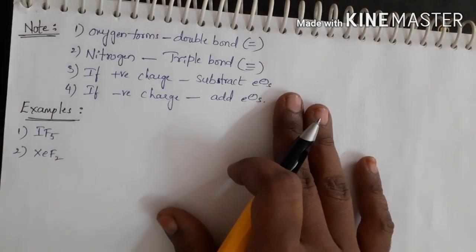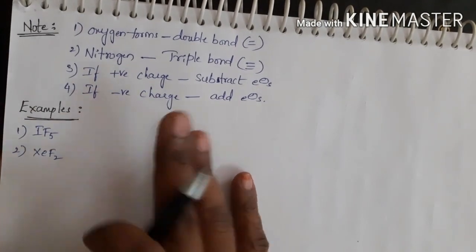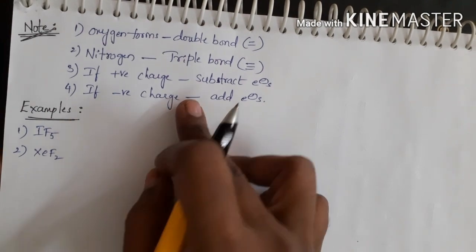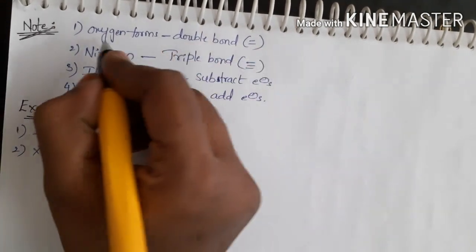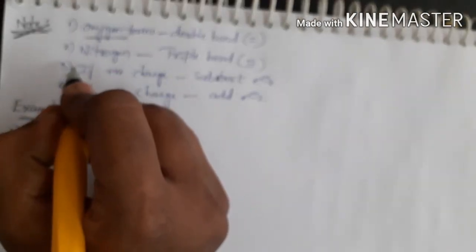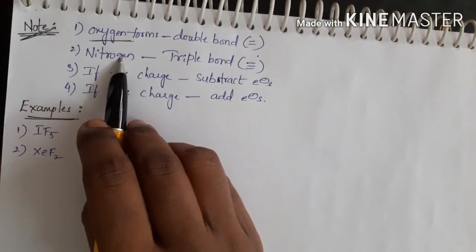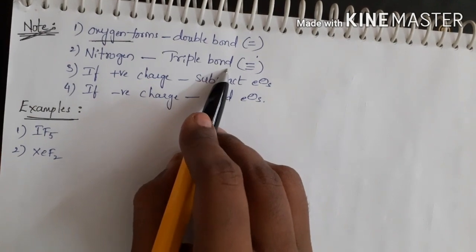Let us go for some examples. Before doing the examples, we need to note three or four points. First, in a given molecule, if any oxygen atoms are present, always remember that oxygen forms a double bond. Nitrogen, if present, forms a triple bond.